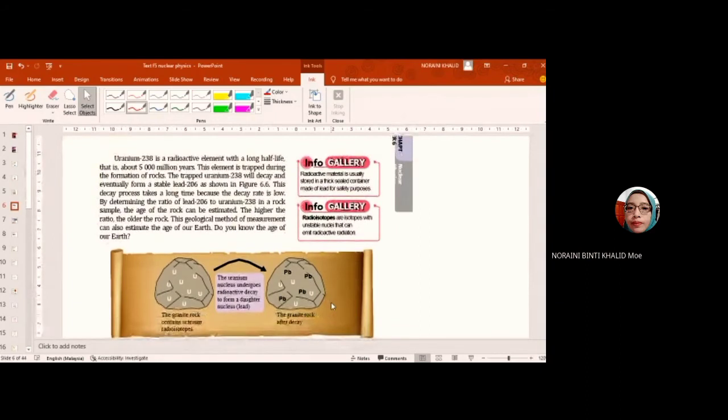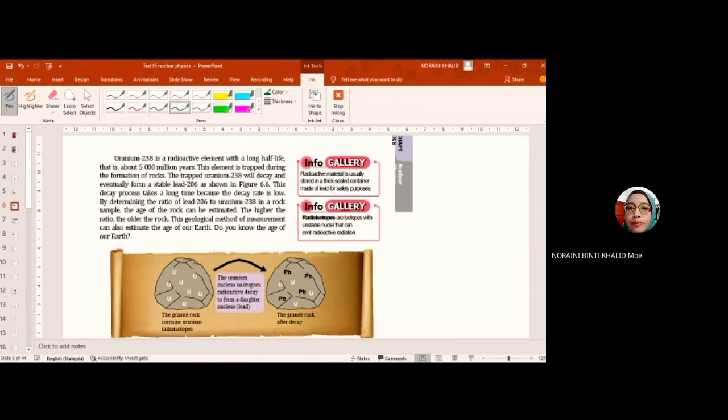Just now, from the value of half-life, you can see uranium-238 is a radioactive element with a very long half-life, 4500 million years. This element is trapped during the formation of rocks. The trapped uranium-238 will decay and eventually form stable lead-206.